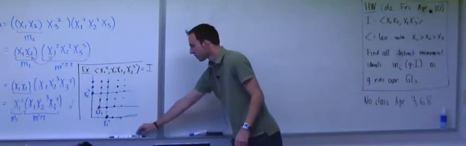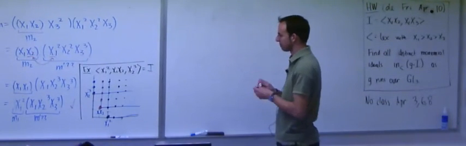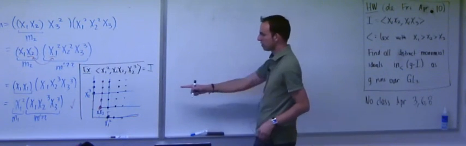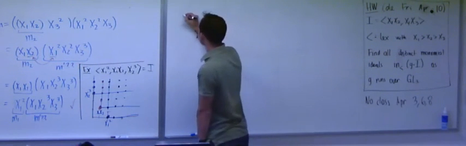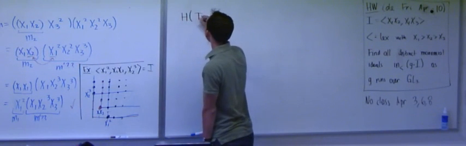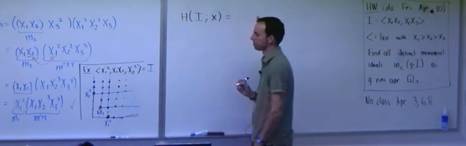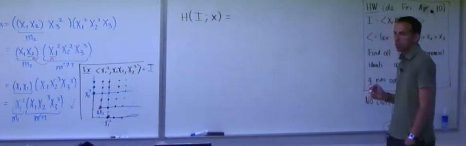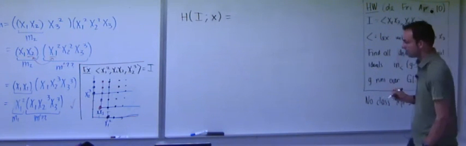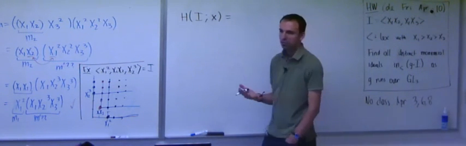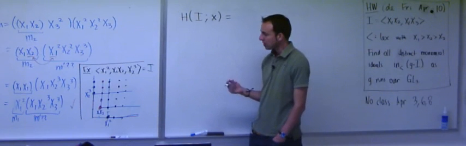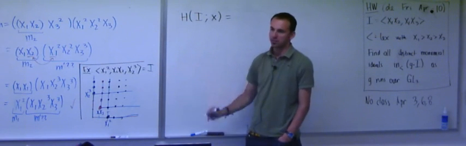And then actually, it's very easy from this picture to write the Hilbert series of the ideal. Because I just do it group by group. For example, what is the sum of the blue guys?